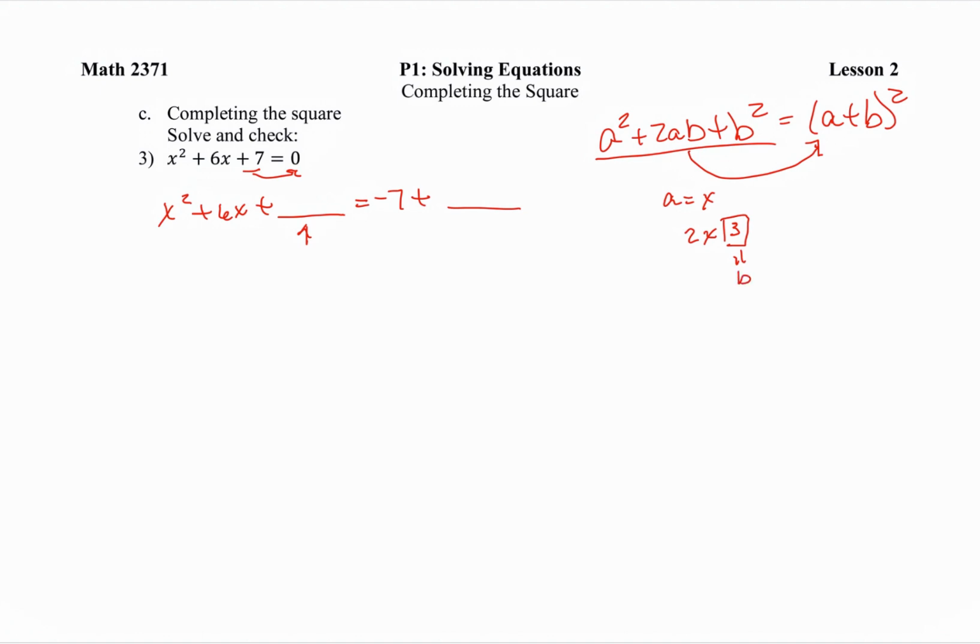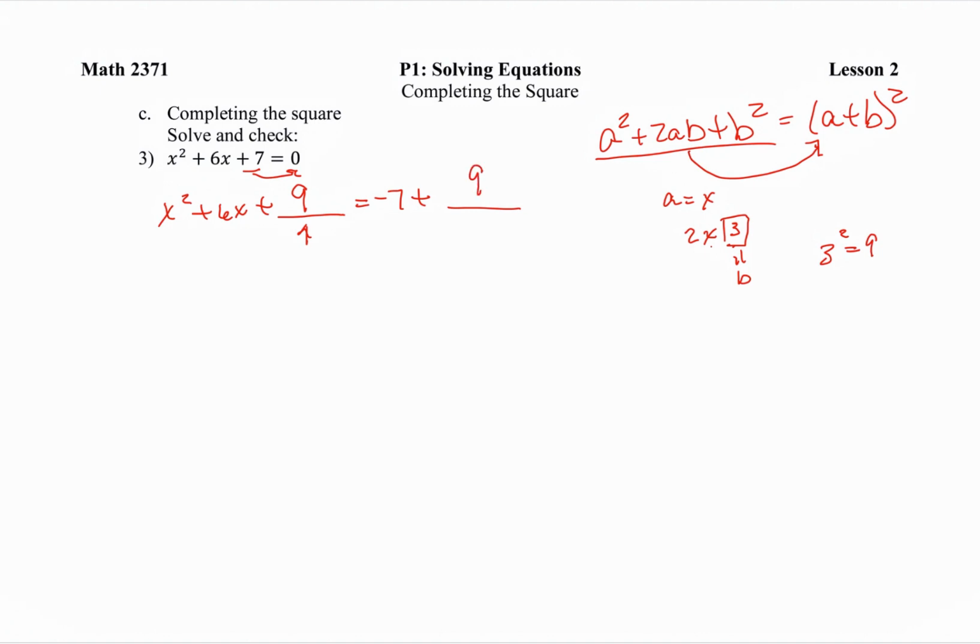So if we have 6x, then we have 2x, and b has to be 3. So that tells us that what we're going to add is 9, because 3 squared equals 9. Okay? So if we add 9 to one side, we have to add 9 to the other.